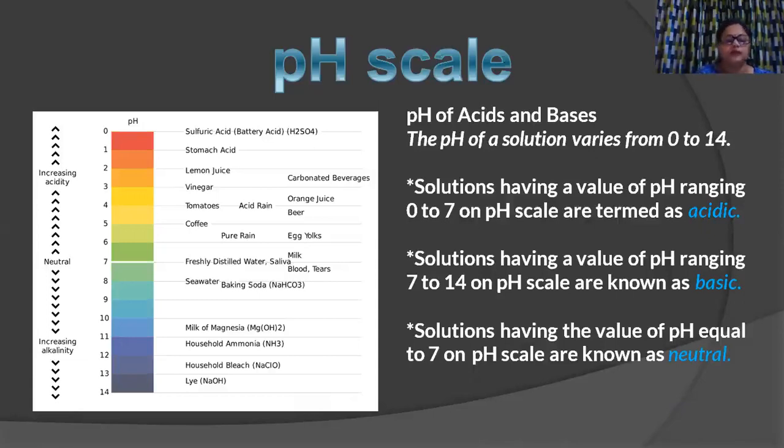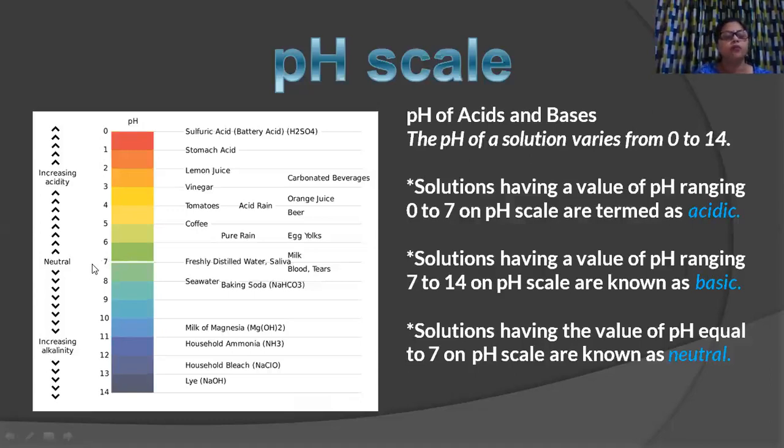Now let us see over here in this diagram, you can see that the pH level is given from 0 to 14. As we saw that 7 on the pH scale represents neutral. When you move from 7 towards 0, the acidity of the substance increases, which means the substance starts turning from neutral to acidic in nature.